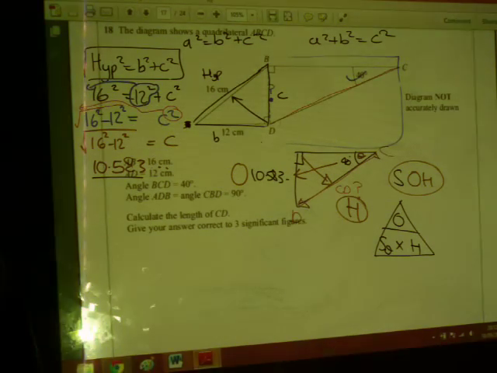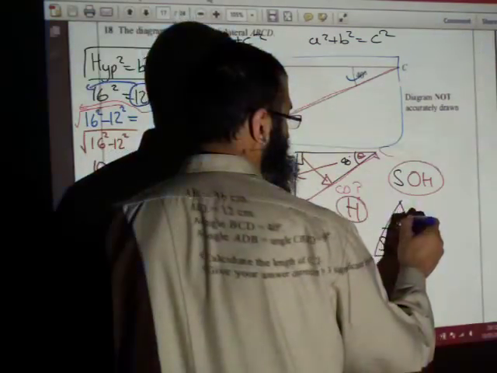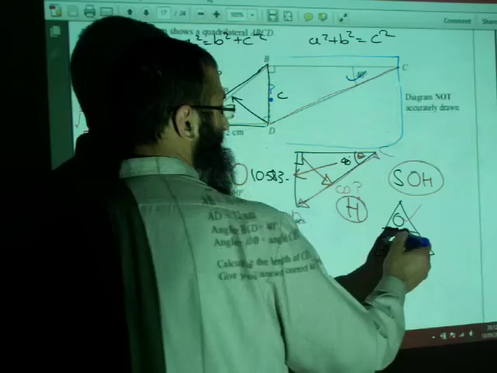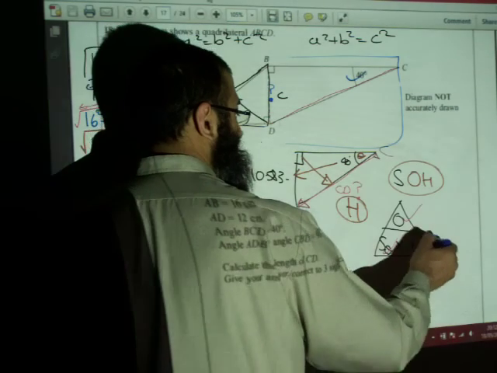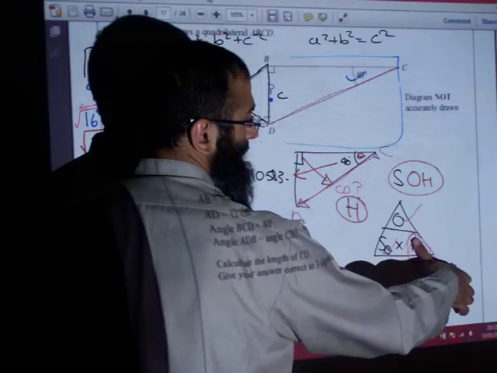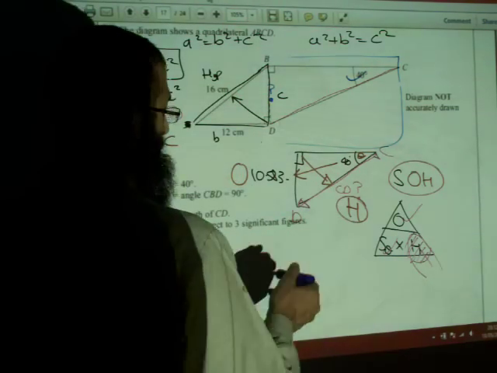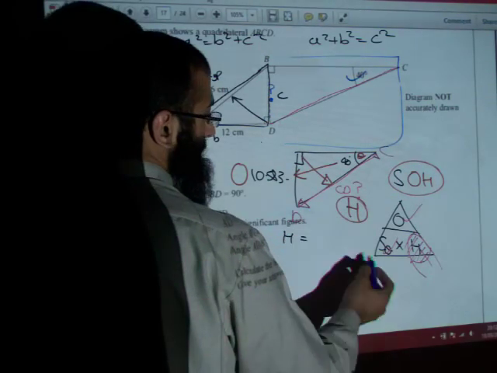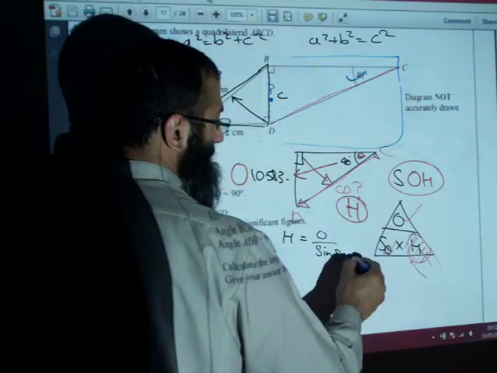Now, what do we know? We know the opposite, we know the angle, and we don't know the hypotenuse. So cover this up with our finger. The H will then give us an answer. So the hypotenuse will give us opposite divided by the sine of the angle.